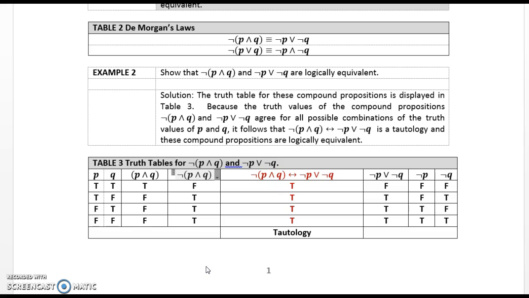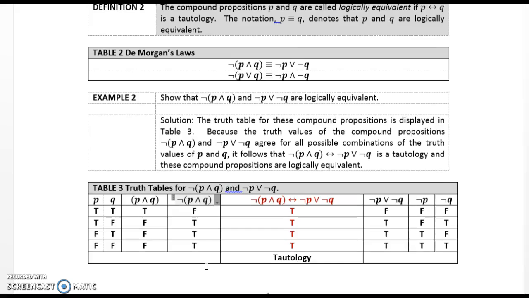Because the truth values of the compound propositions, the complement of P and Q, and the disjunction of not P and not Q agree for all possible combinations of the truth values of P and Q, it follows that the complement of P and Q if and only if not P or not Q is a tautology, and these compound propositions are logically equivalent.